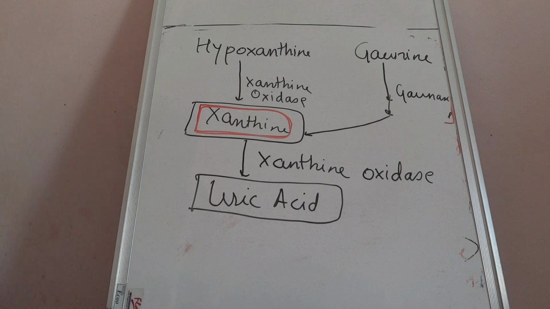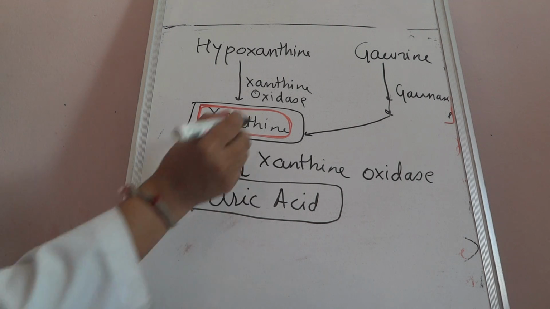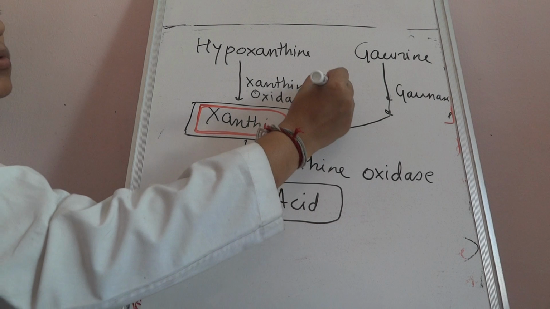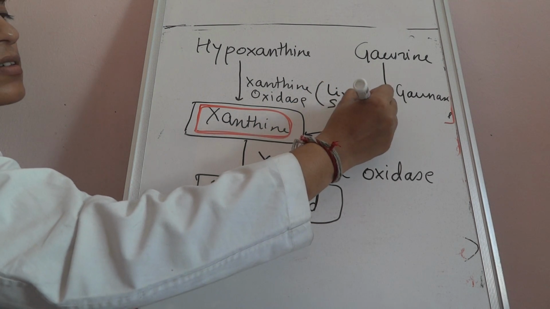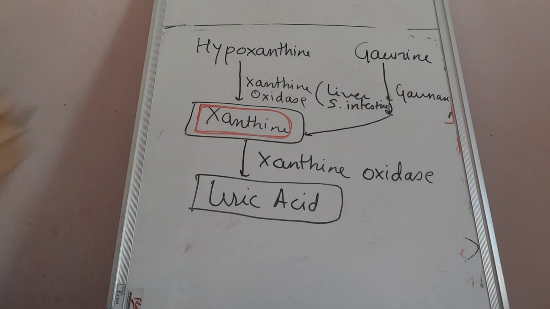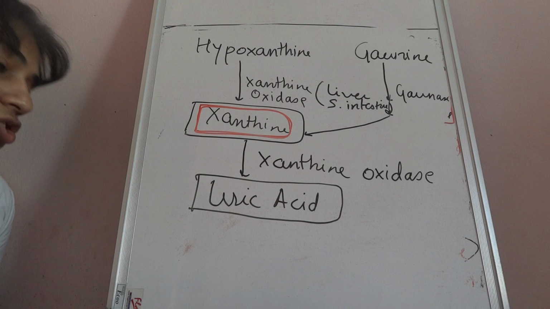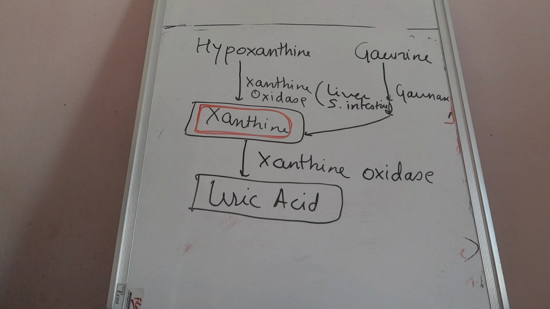Now the speciality of xanthine oxidase is that it is present only in liver and small intestine. If we see very clearly, xanthine oxidase is the enzyme in the final reaction that leads to the production of uric acid.